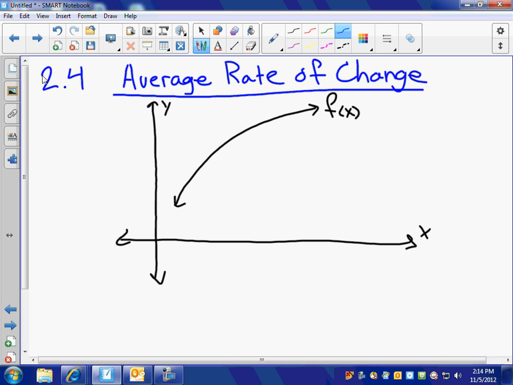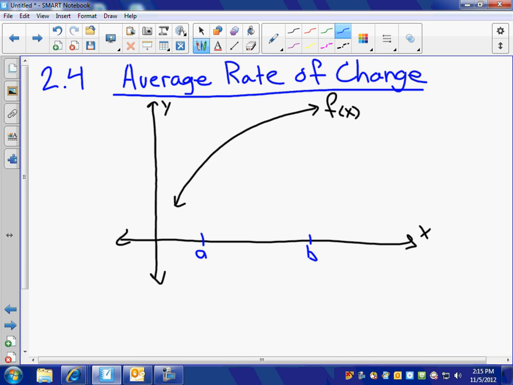So for example, the interval for this morning for me, and generally each morning, is from 7 o'clock, I leave home, and I get here at 7:30. That's generally the interval with which we're trying to find average rate of change. So in this situation, we're going to start at A. That's the beginning of the interval, and we'll end with B.